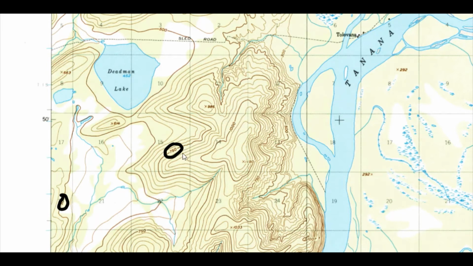Okay, so let's look at some color and symbology of a map. First of all, we have brown areas and we have blue areas, right? The brown areas you can probably guess are our land areas, and the blue are our water areas.